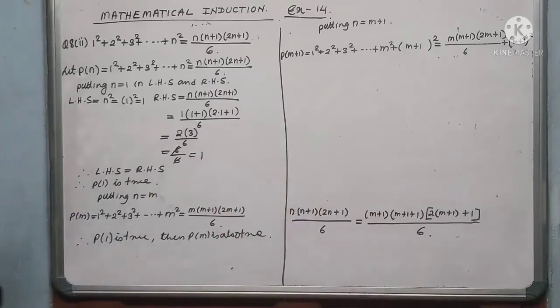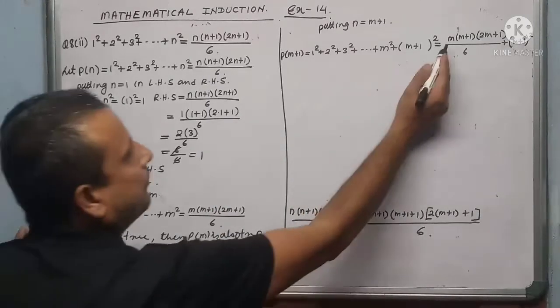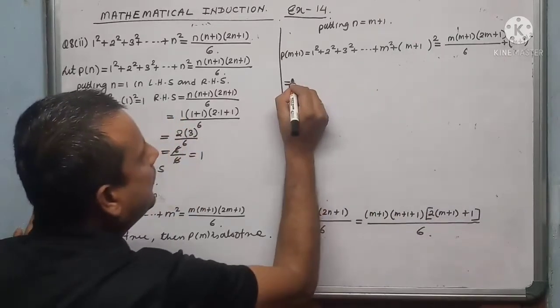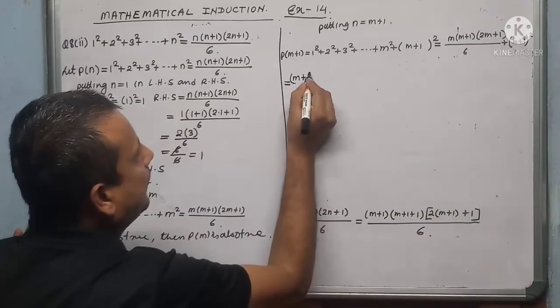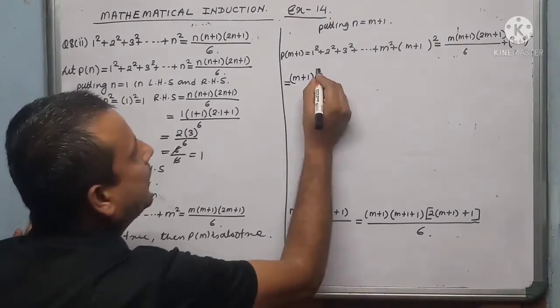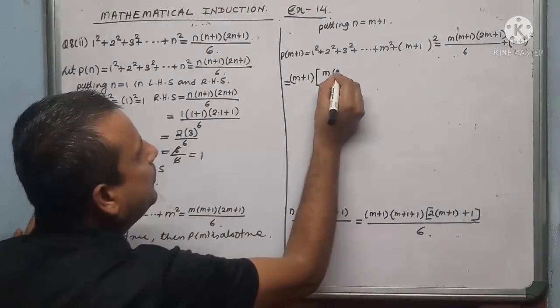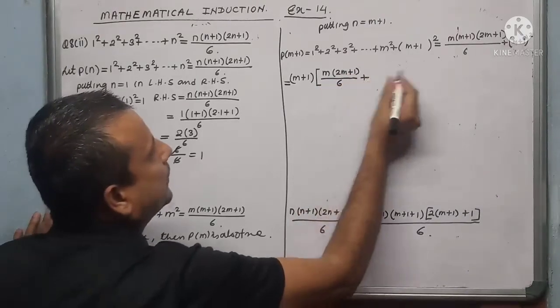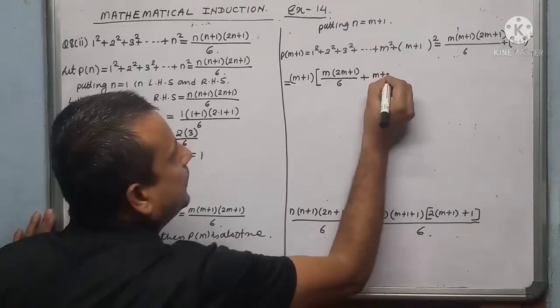Then only we can say it is true. Now I'll simplify this quantity. From these two expressions, what is common? I'll take m plus 1 common. Then what remains inside the bracket? m into 2m plus 1 divided by 6 plus m plus 1.